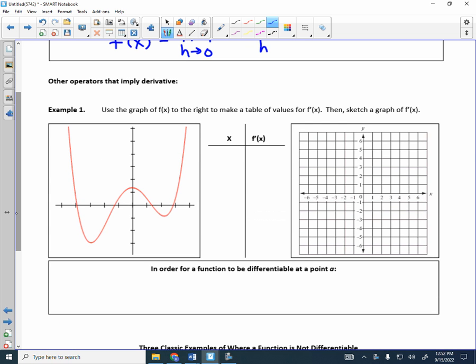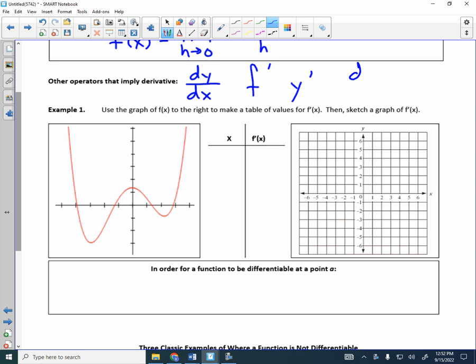First, other operators that imply derivative: if you see dy over dx, that implies derivative. If you see f prime, that means we have a derivative. If you see y prime, that means derivative.